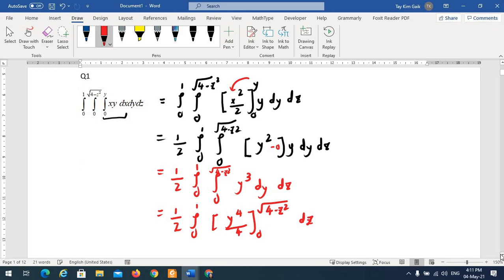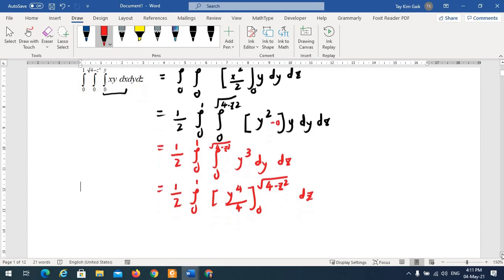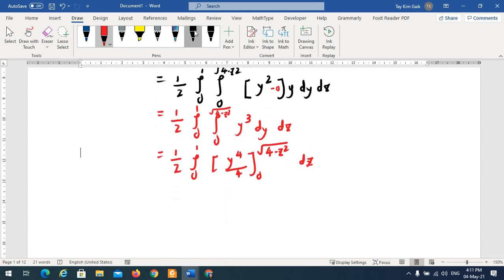Half times one over 4 gives 1 over 8, factor out. Then plug in, so you have the square root of 4 minus z squared to the power 4, dz.